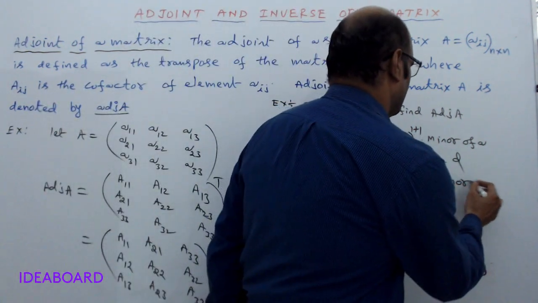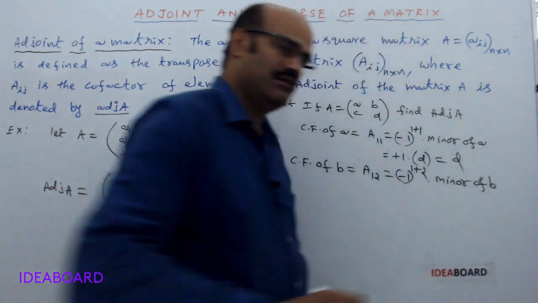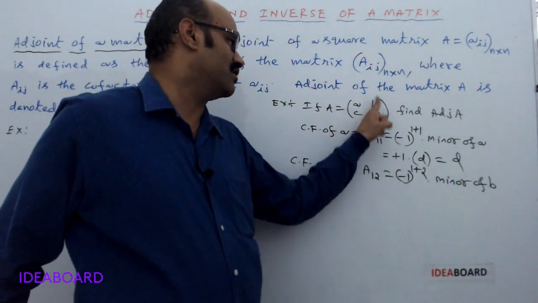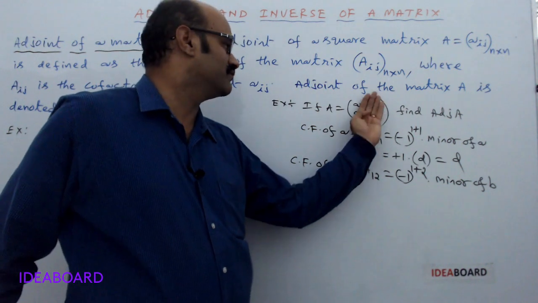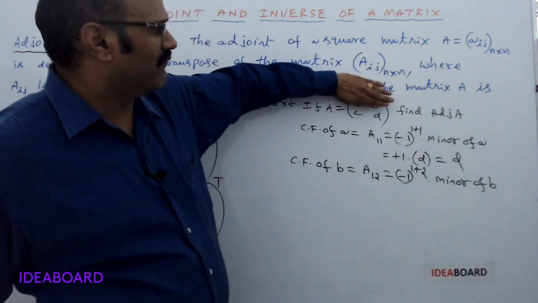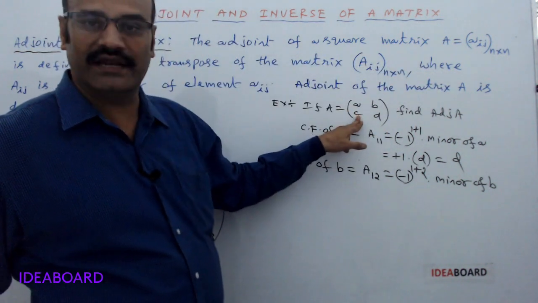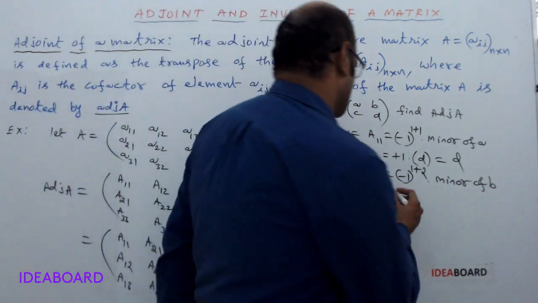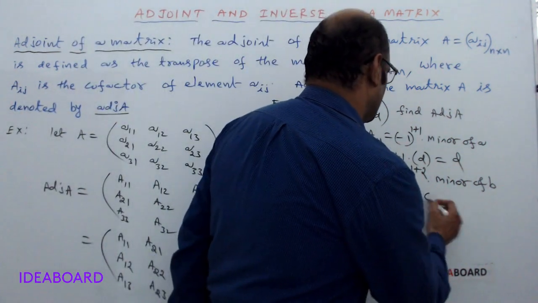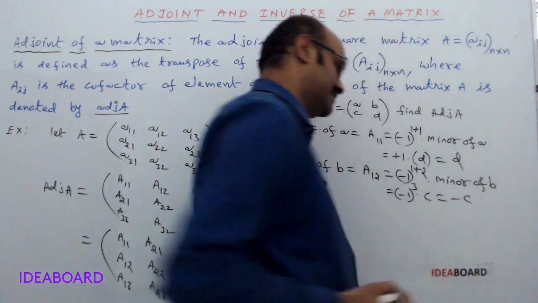Minor of b: the element b lies in first row and second column. So we have to close second column and first row. Then we have the element c here. So equal to minus 1 whole power 3 into c equal to minus c.